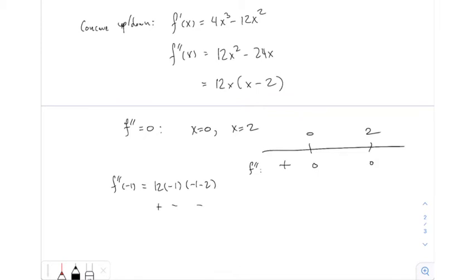In the middle, I'll choose plus 1 again. F double prime of 1 is 12 times 1 times 1 minus 2. This is positive, positive, negative. So that's going to be negative in the middle. And on the right side, I'll choose 3. 12 times 3 times 3 minus 2. This is positive, positive, and positive. So positive over there. All right.